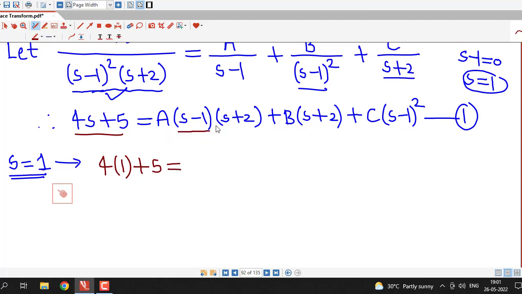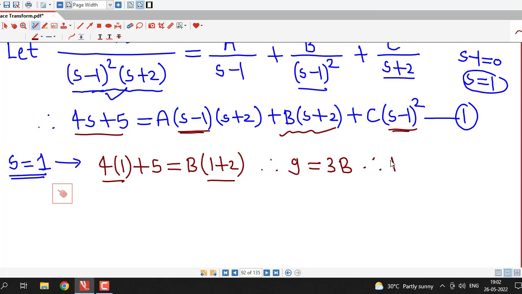The first term will be 0, similarly the last will be 0 when s equal to 1, and we will have a non-zero contribution from the second term, B times (1 plus 2). So 4 plus 5, that is 9, equals 3B. Therefore B equals 9 by 3, that is 3.